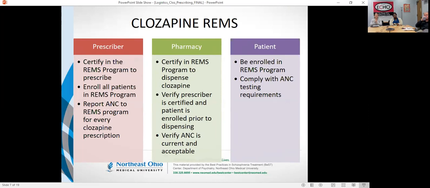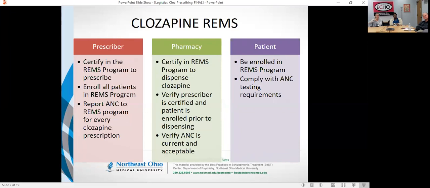The patient, their end of the bargain is they need to agree to be enrolled within the REMS program, and then they need to comply with the testing requirements. If they are not getting their blood test, the pharmacy will not be releasing the medication. So it's important that they understand the set of steps that go into this, especially when they first start treatment and maybe adjusting their doses.